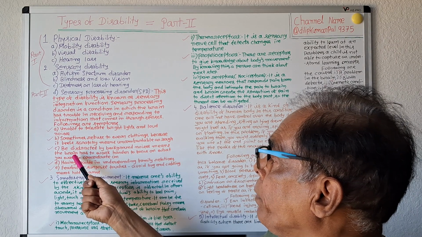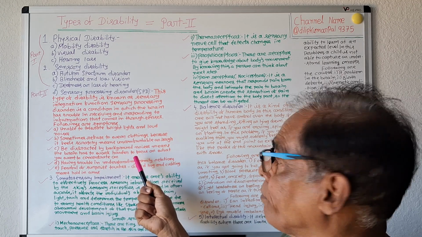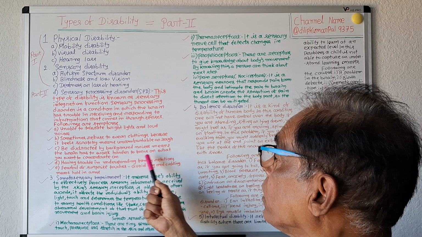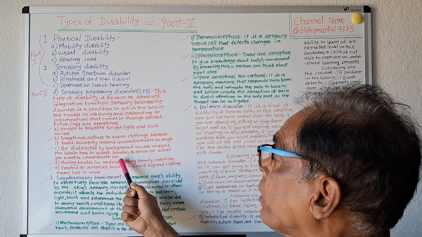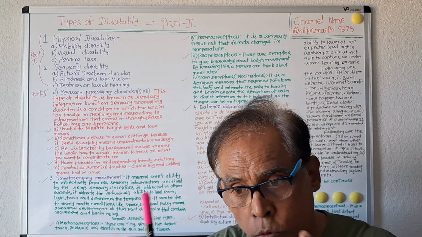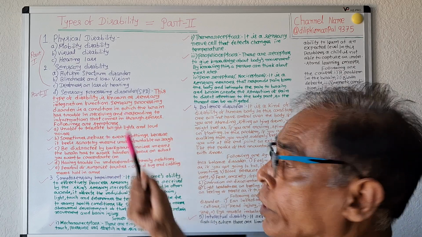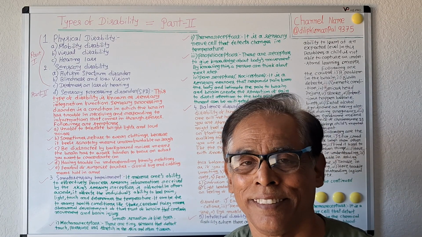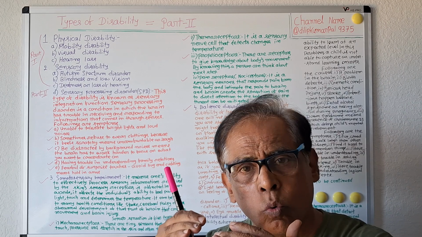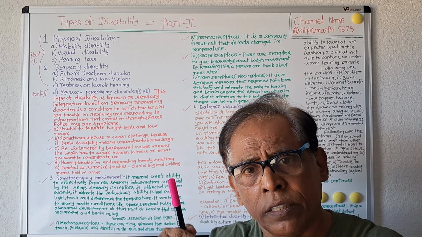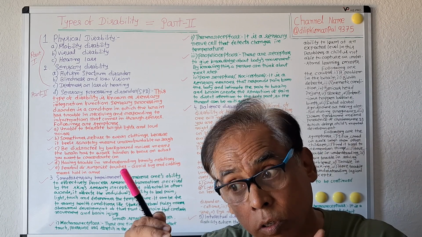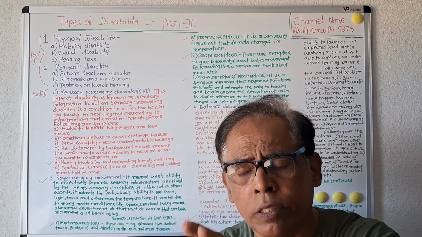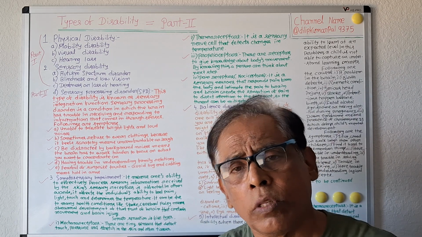Number 3, be distracted by background noises, meaning the brain has to work harder to focus on what you want to concentrate on. Whenever a person suffers from sensory processing disorder, he will have problems if there are background noises. In that case, the brain will have to work hard to concentrate on the object.